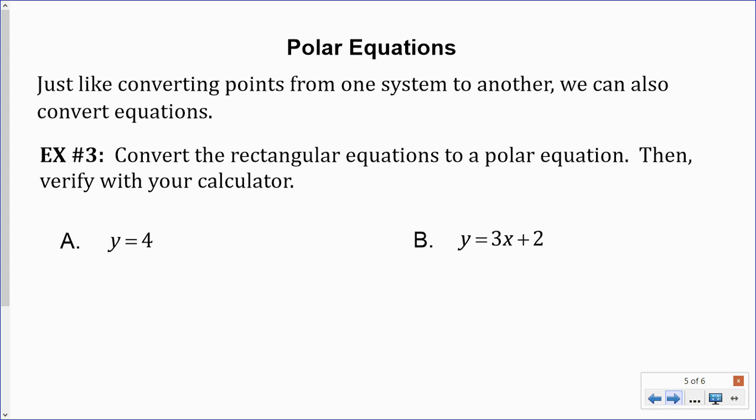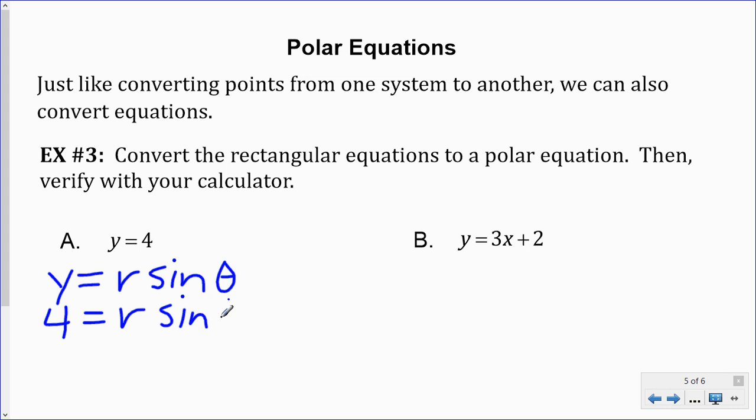Okay, so remember how we learned that y equals r times sine theta? Well, if 4 is equal to y, then we can substitute 4 in place of y, and we get 4 equals r times sine theta. And when we write our polar equations, we like to solve for r. So it's usually r is equal to something in terms of theta.